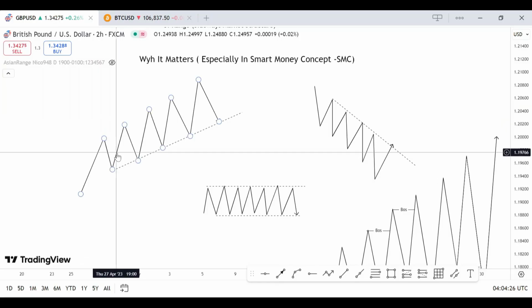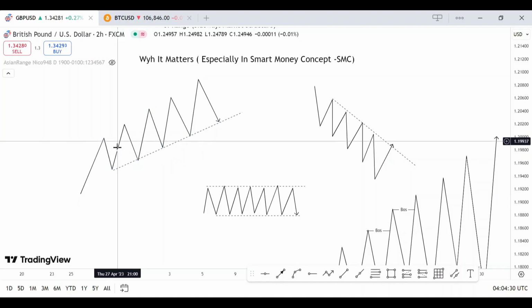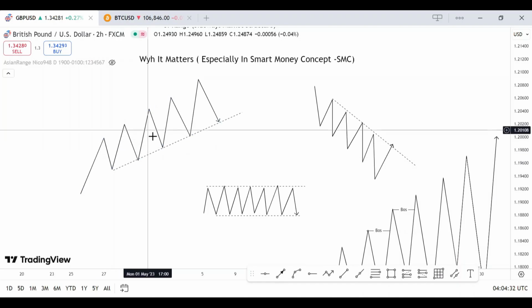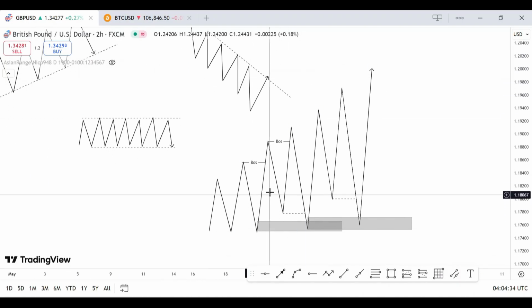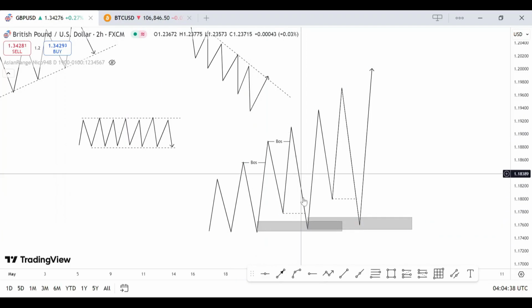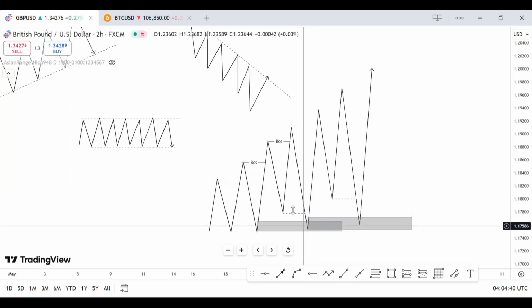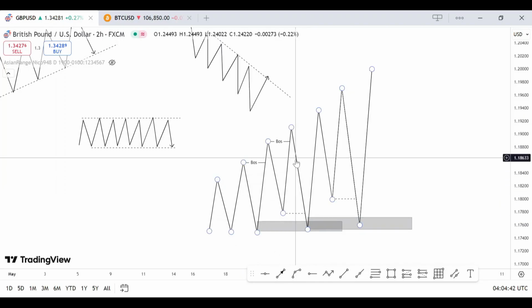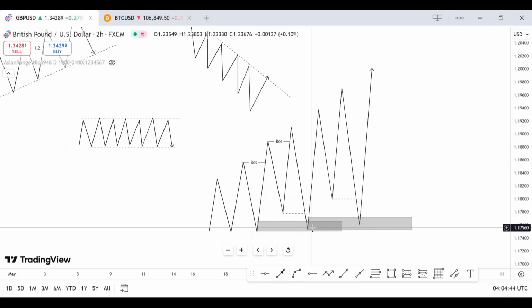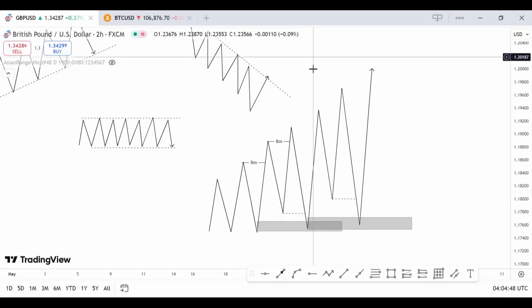In between this correction move, there's always liquidity. Price always leaves liquidity to be swept out. Why? Because of early buyers and smart money traders and bank institutions that are coming in to buy. So price has to leave liquidity to be swept out. Why? For momentum to be in the market for an impulsive move.